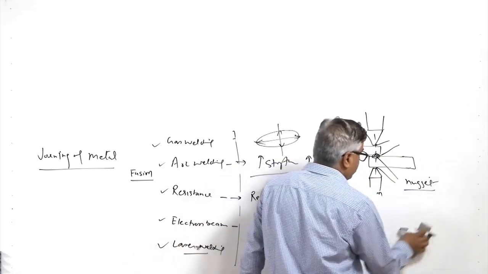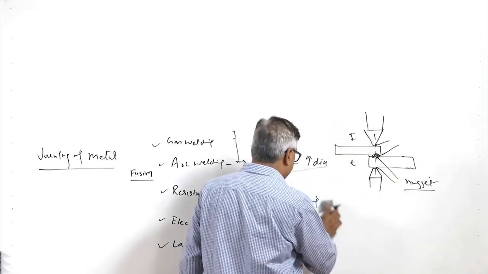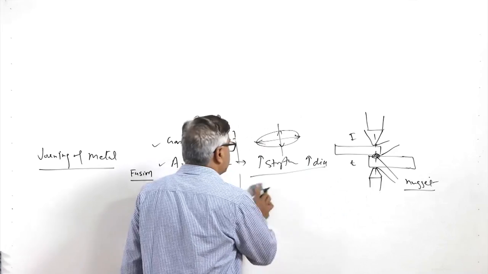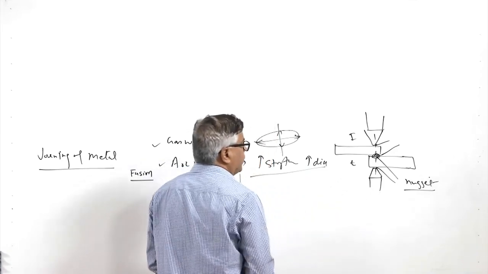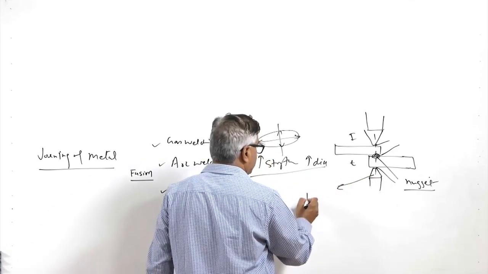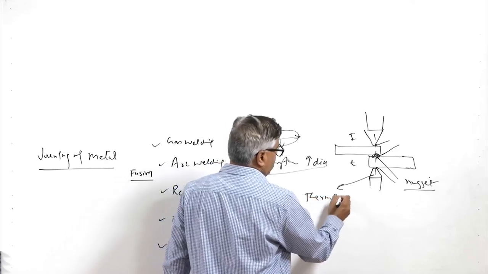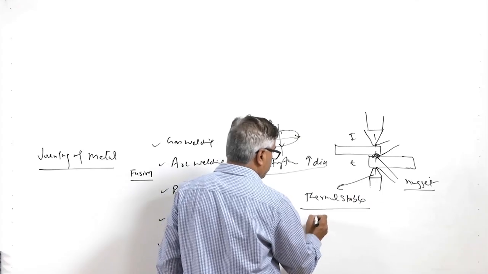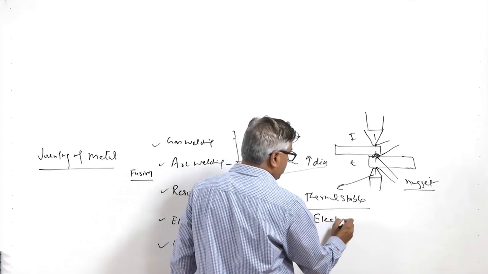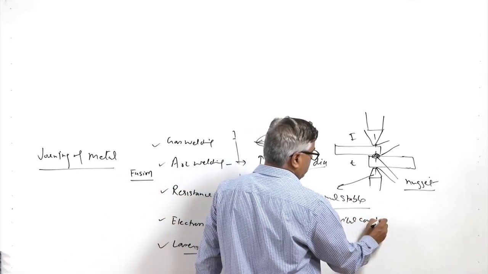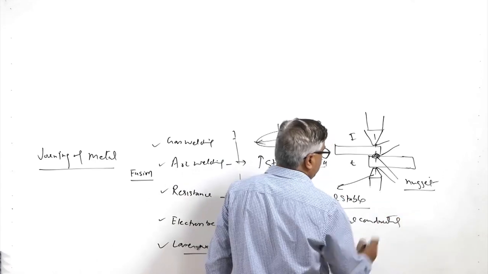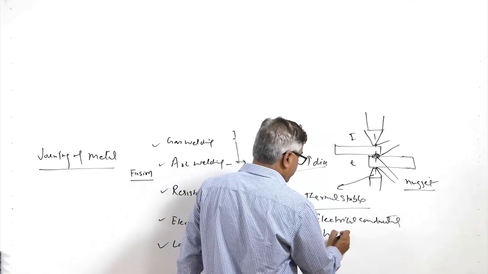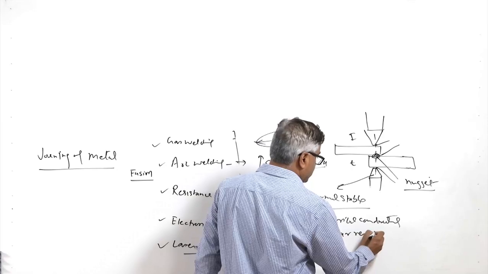Since the flow of current will be taking place through these electrodes, it is important that whatever electrodes are being used are thermally stable, of good electrical conductivity, and do not wear out. So, the wear resistance should be good.